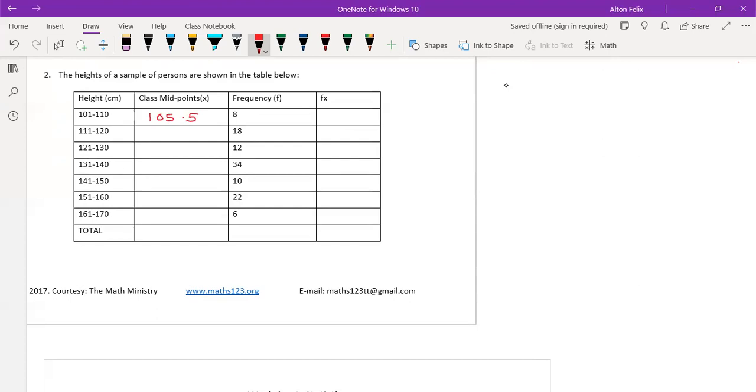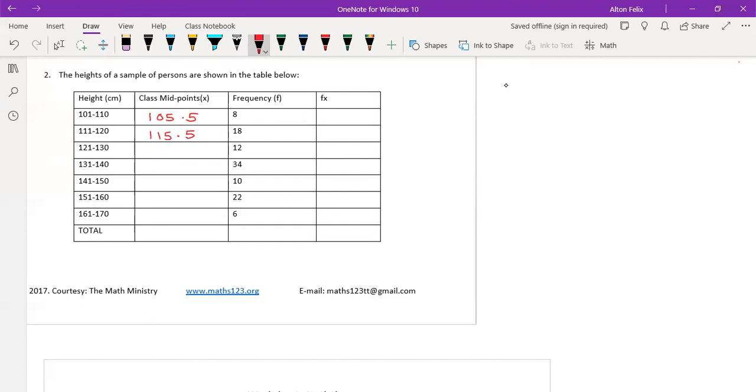That'll be 111 to 120, 231, right? So 231 divided by 2 will give us 115.5. When we add up these two numbers, we're going to get 251.